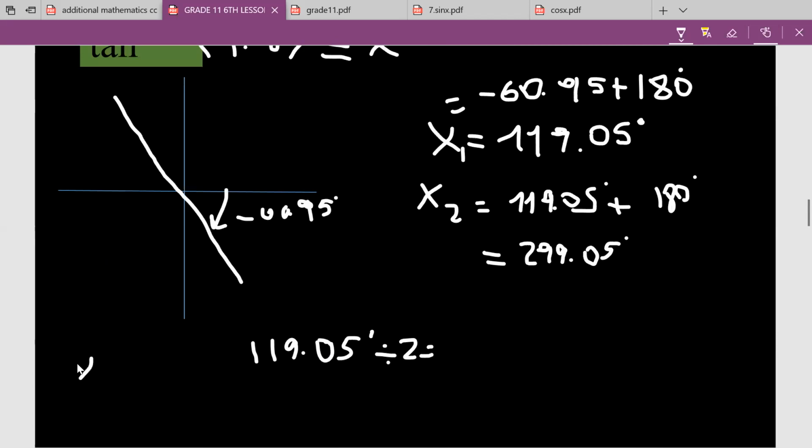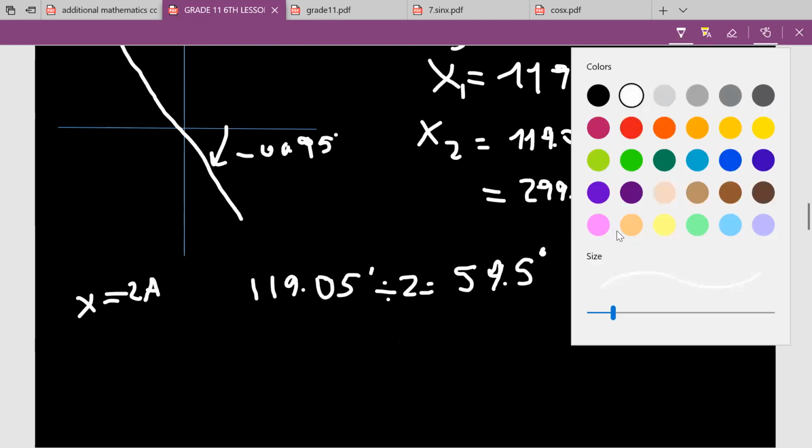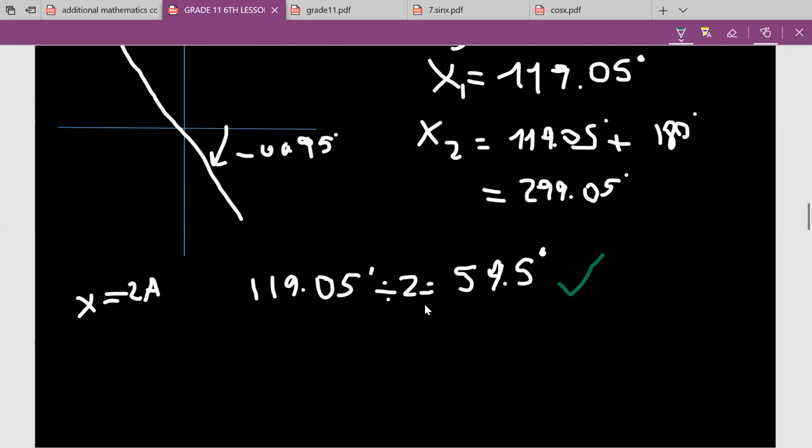Do not forget x equals 2 times a. So it equals 59.5 degrees. So here is our first solution. It's between 0 and 180 degrees.